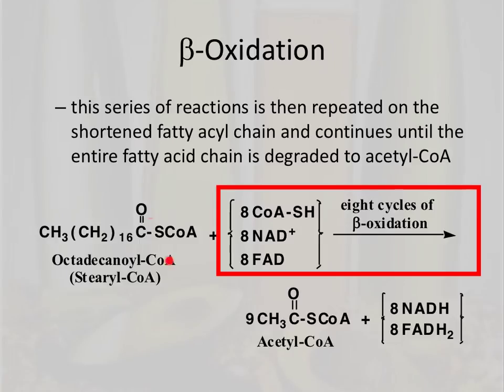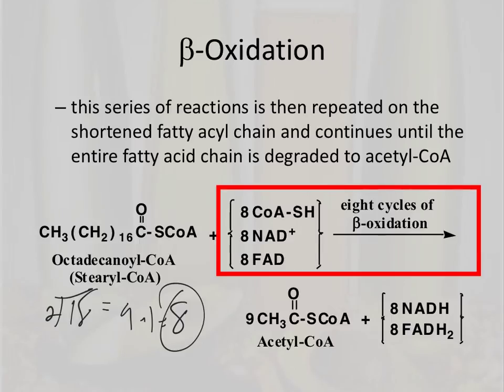What you do is you would literally take 18 divided by 2, which is equal to 9, and then minus 1, okay? So there's 8 rounds. And that's because that last round you get 2 acetyl-CoAs out of it. So if we had 16, we have 16 divided by 2, which is 8, minus 1 is 7. It only does 7 rounds.